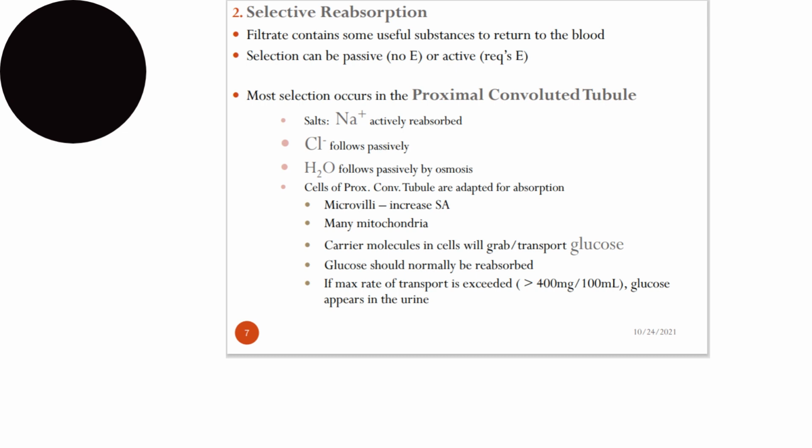Okay, substance ataupun komponen yang akan diserap balik, reabsorb, you can see by your own, point number 3: sodium, chloride ion, water. So everything dia punya method lah. Kalau sodium, dia akan diserap secara aktif, requires energy. Kalau chloride ion, secara passive, without energy. Water biasanya dia passively secara proses osmosis.